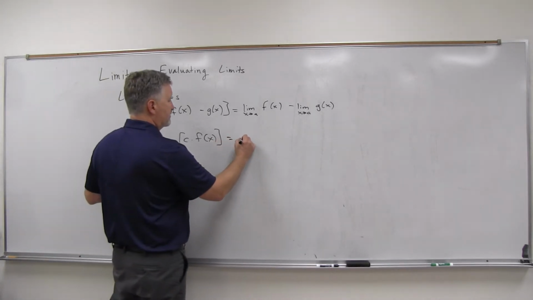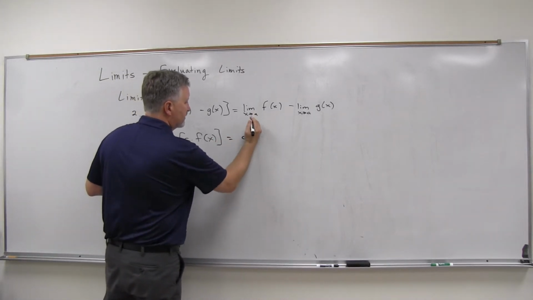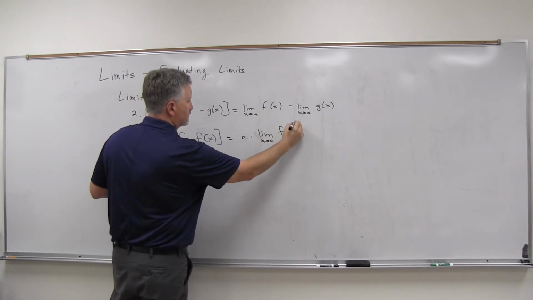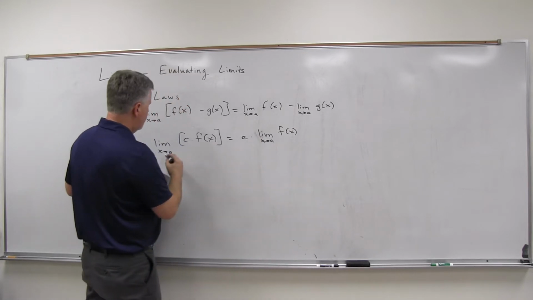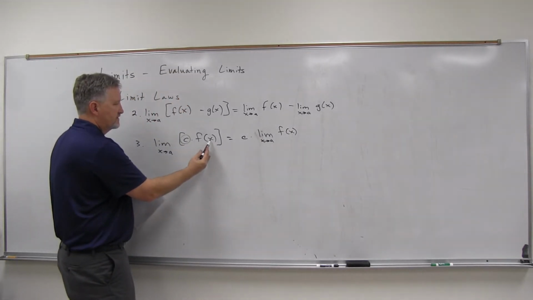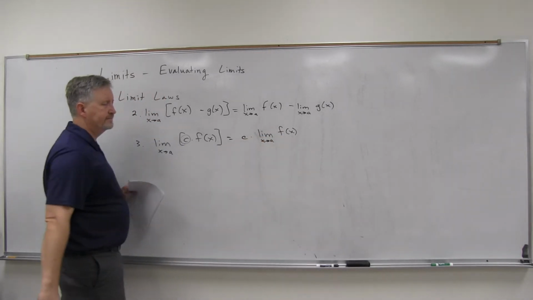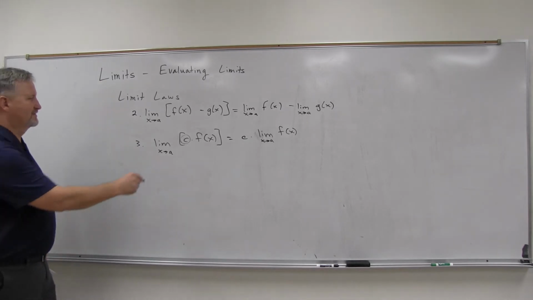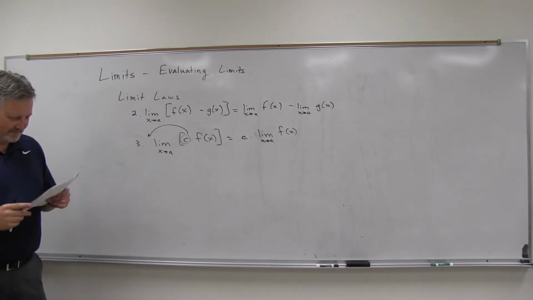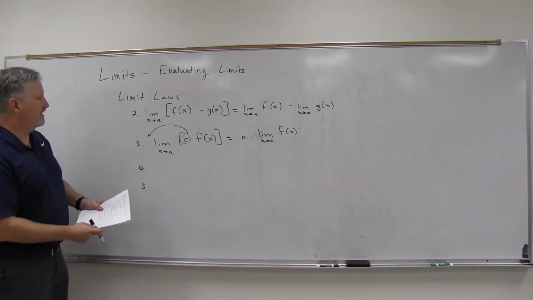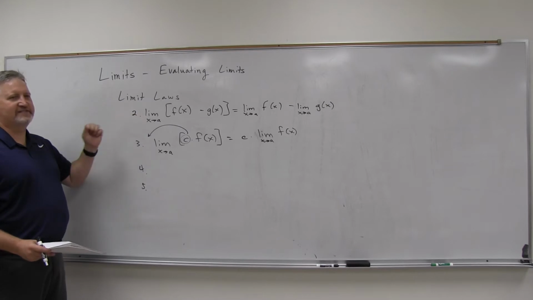By limit law number 3, you can just bring that c out of the limit, because x is approaching a, so there's no x part in that and it's not going to affect this number. It's just a constant, you see. So you can bring it out of the limit. Like I said, these are very nice. We're just moving that out.